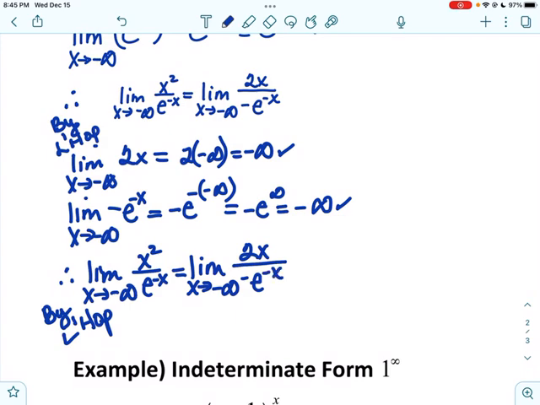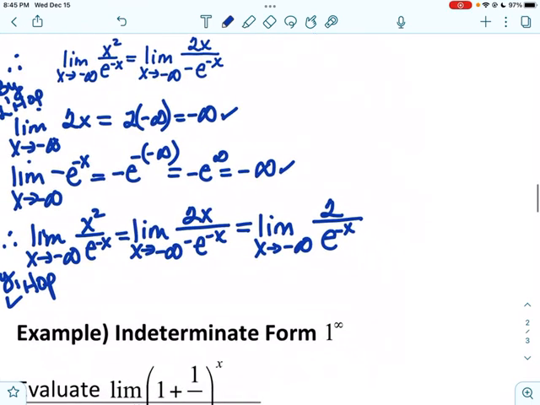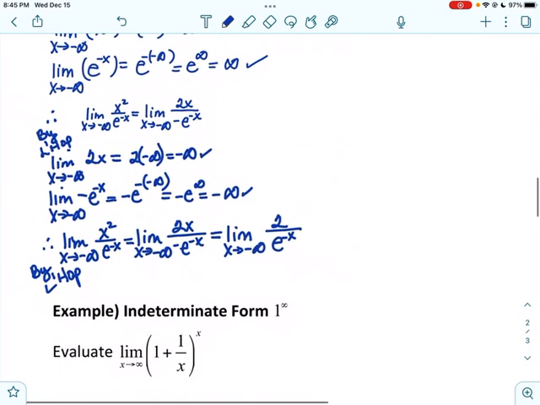So now we're able to say it is equal to the limit as x approaches negative infinity of 2 over, now I've got the negative of negative e to the negative x. I've got one more negative using chain rule, so I have e to the negative x here.